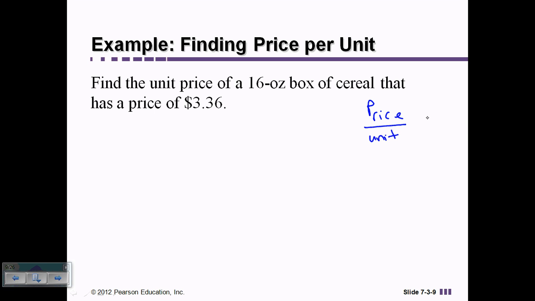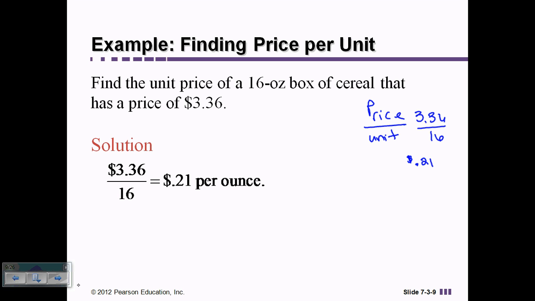So we're going to take the 336 and divide it by 16, and we're going to end up with 0.21. That tells us that we're paying 21 cents per ounce for that box of cereal. So if I wanted to compare different cereals and figure out which one's cheaper or which store has the cheaper price, I could figure out the price per ounce.